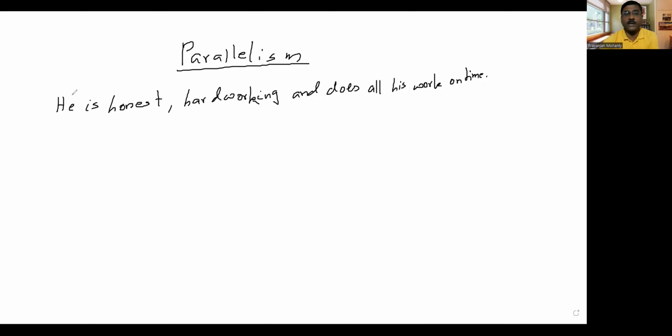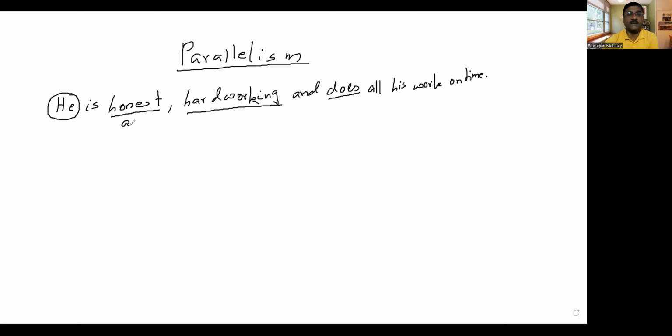What are we doing? We are describing he. He is a pronoun, and the qualities are adjectives. So this is an adjective, this is an adjective, but this is a verb. Does all his work on time is a verb. So in this sentence, when we are describing this he, we have got these three elements.